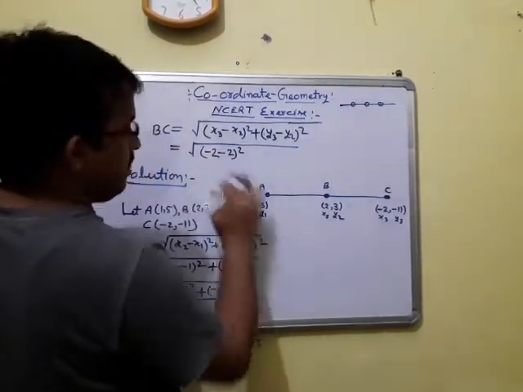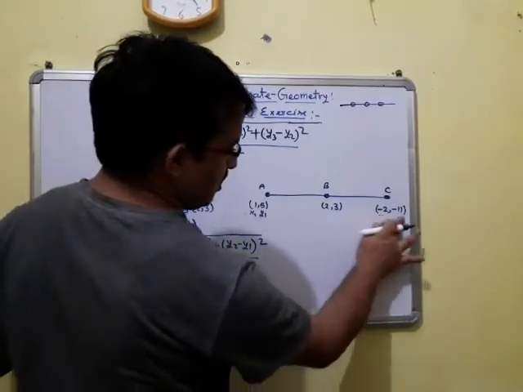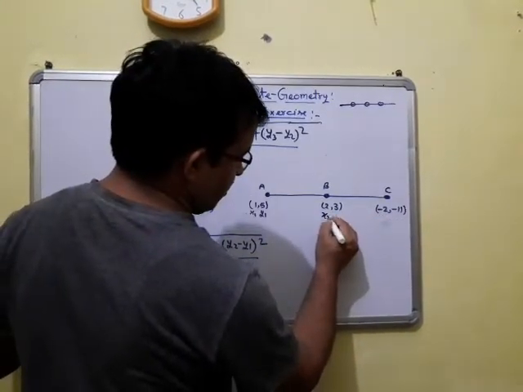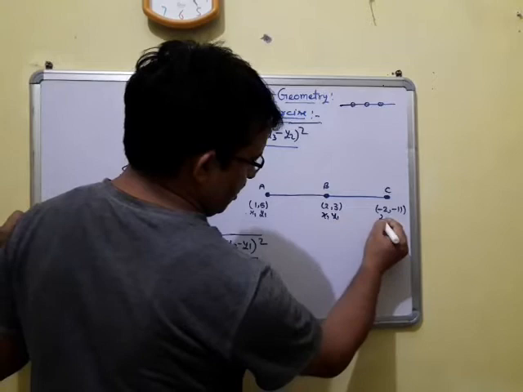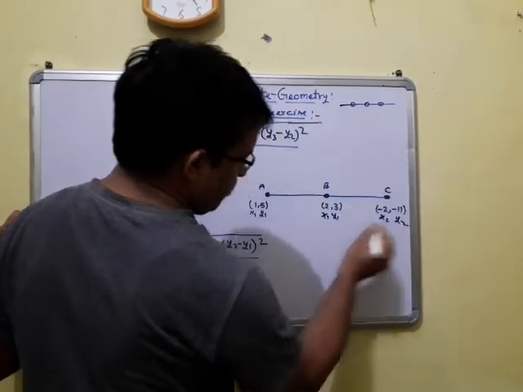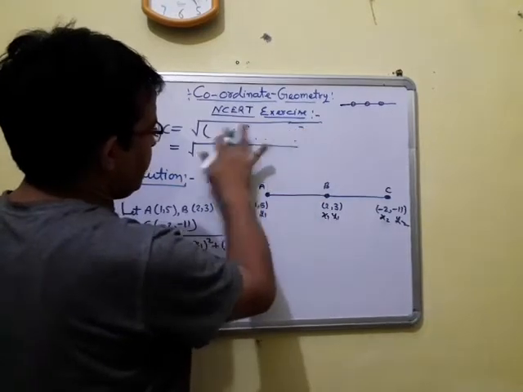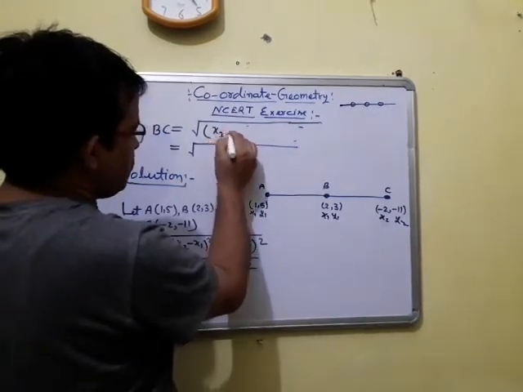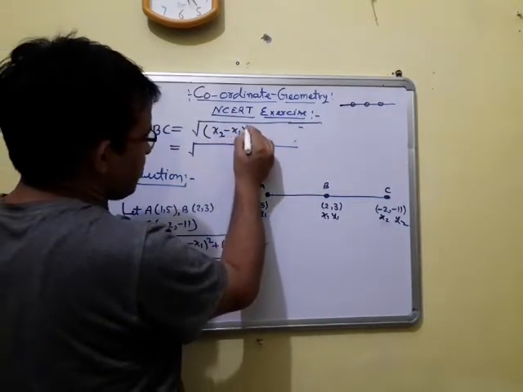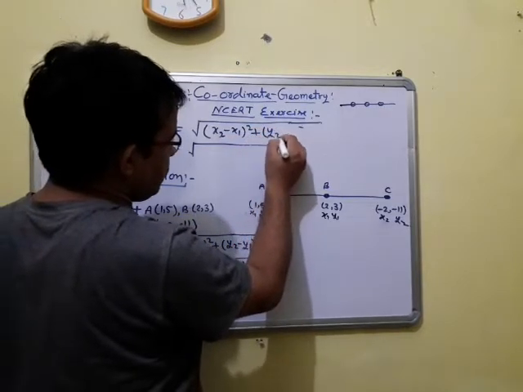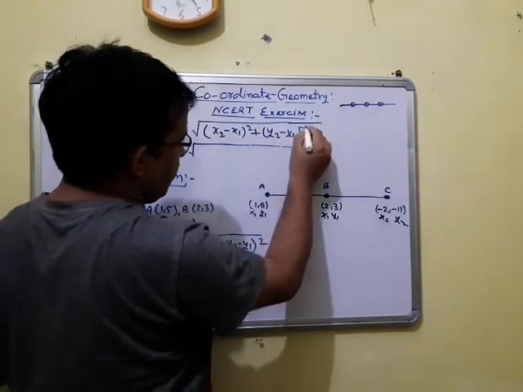This one, if we see, is x1 y1 x2 y2, so I think there is no confusion here. Let x2 minus x1 whole square plus y2 minus y1 whole square.